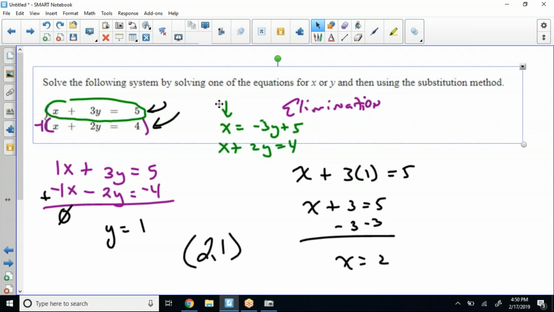Yeah, I did the exact same process, it looks like, but my problems were x minus 5y equals 23, and the other one was x minus 3y equals 13. The solution I got was 13, negative 2, and it went into the top one fine, but the bottom one it didn't.